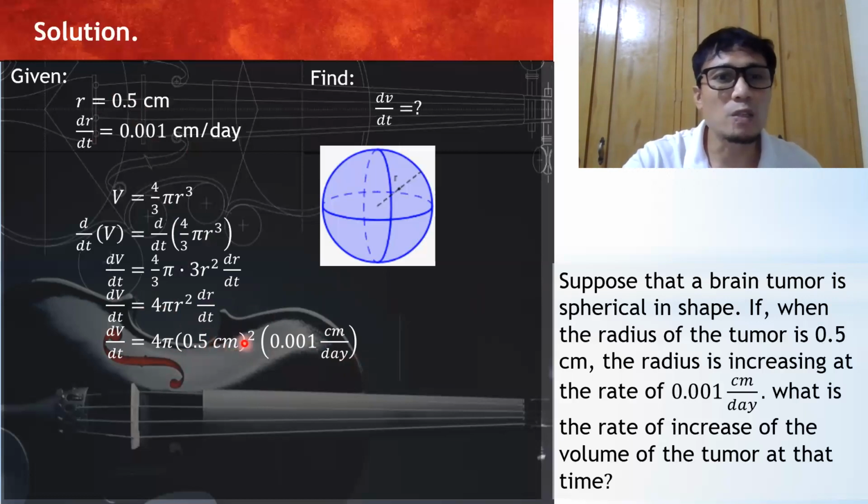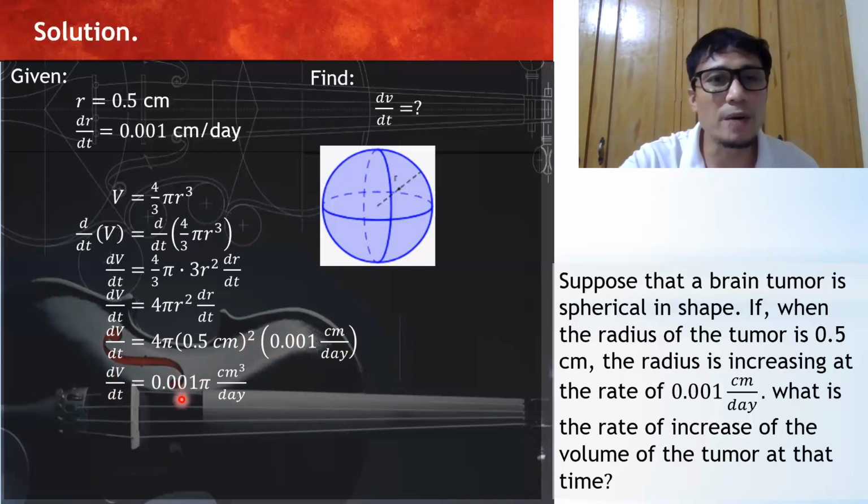Then simplifying, this will become 0.25 centimeter squared. Multiplying that with 4, you will obtain 1 centimeter squared. Now, if you have centimeter squared and centimeter, they are not cancelled, but multiplied. So that will become centimeter cubed. That's why your dV/dt becomes 0.001 pi cubic centimeter per day.